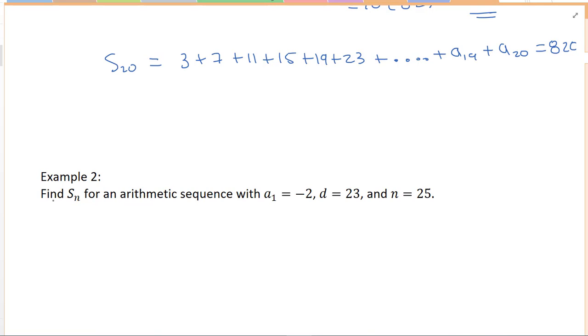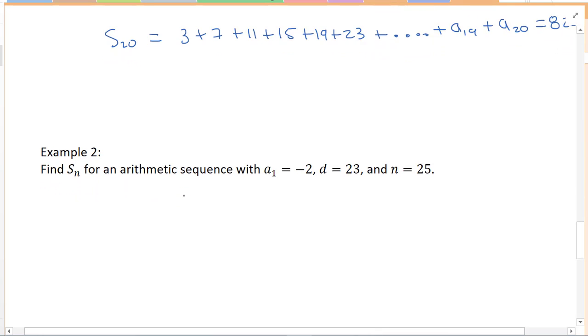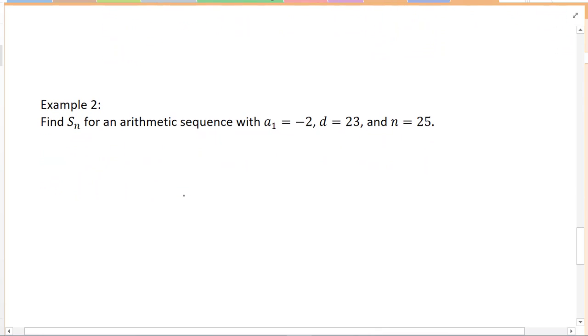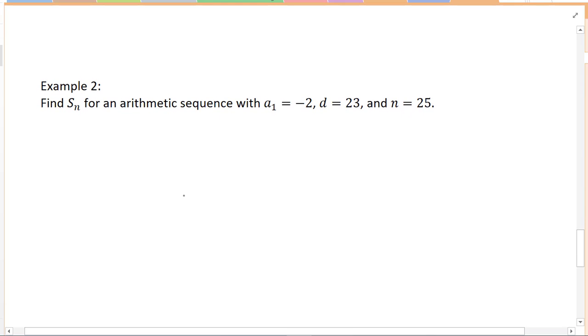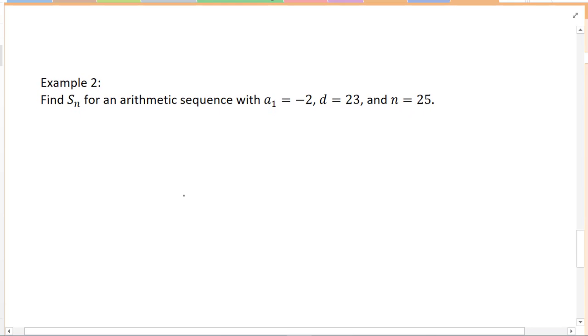Okay, so for example 2, find S sub n, the partial sum for an arithmetic sequence with a sub 1 equals -2, d is 23, and n equals 25. So this one, we are given d, so we can use that formula. So Sn is equal to n over 2 times 2a1 plus n minus 1 d.